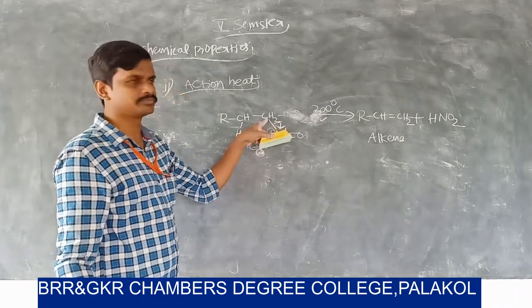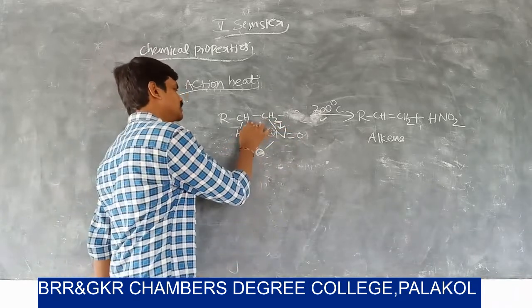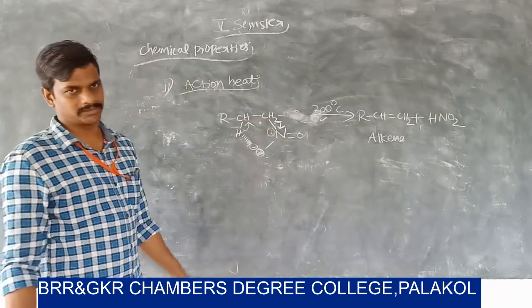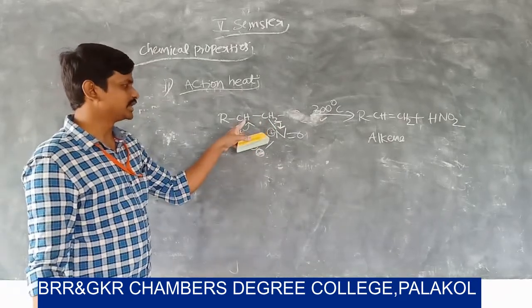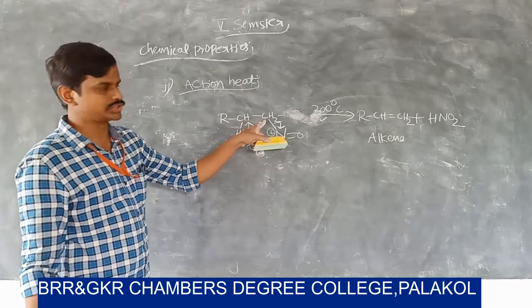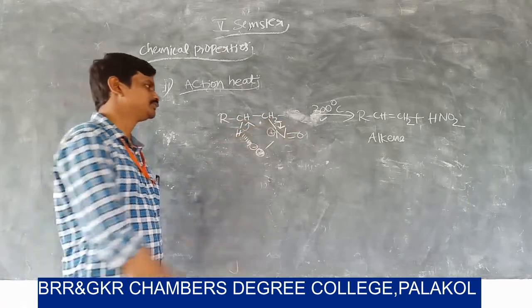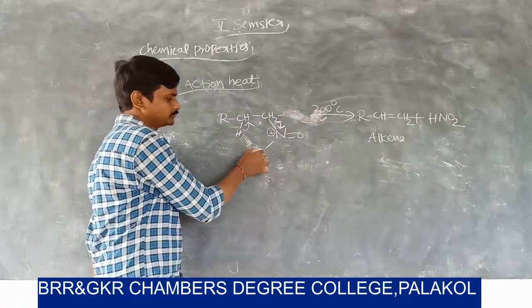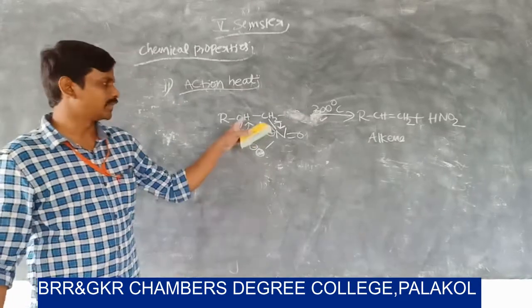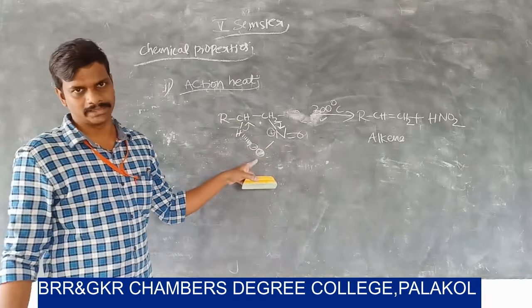The carbon gets a positive charge, and with the loss of the beta hydrogen atom, the adjacent carbon carries a negative charge. The negative and positive charged carbons generate a double bond, and the hydrogen migrates to the carbon from the oxygen atom.